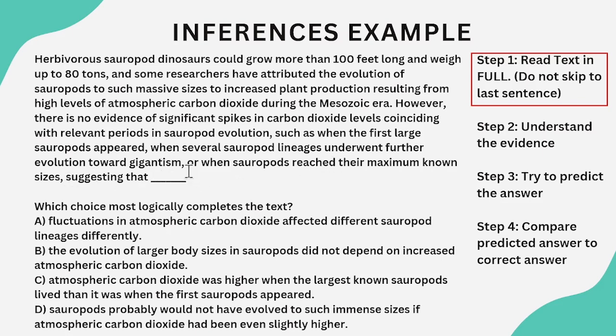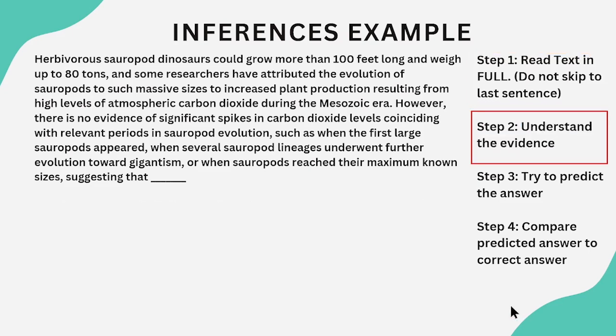Okay, that's quite a wordful, but we're going to break it down by just understanding the evidence of what it's actually saying. Let's identify what they're actually saying. So, the sauropods, they're big. And some researchers said it's due to there being a lot of plants because of high carbon dioxide when they were alive. But then this says, however, there's no evidence of high carbon dioxide levels when the sauropods were evolving to get so big.